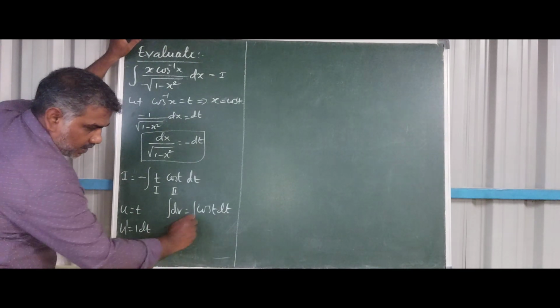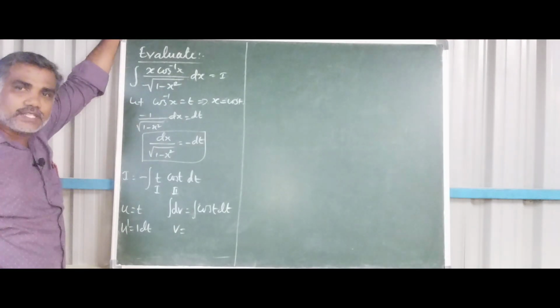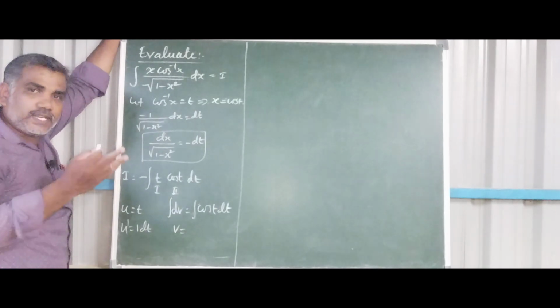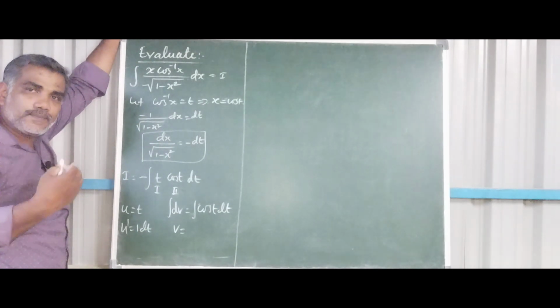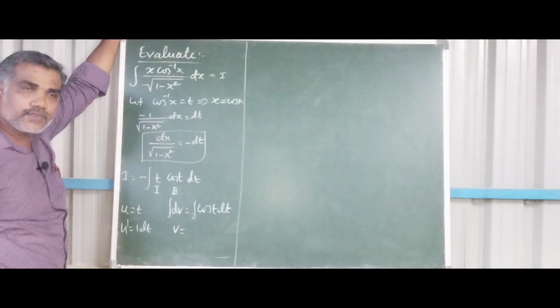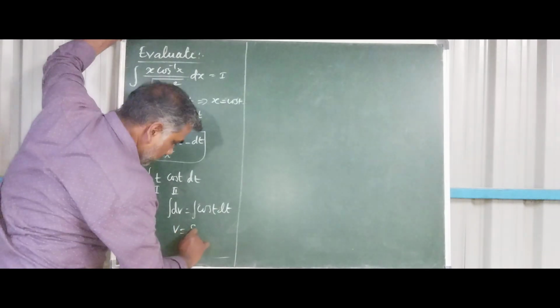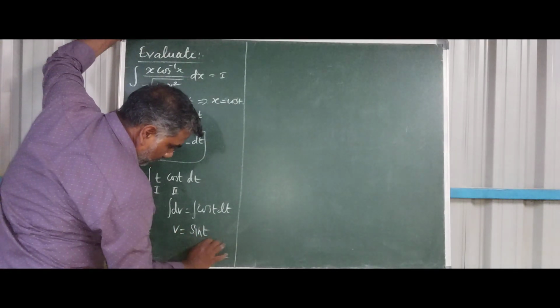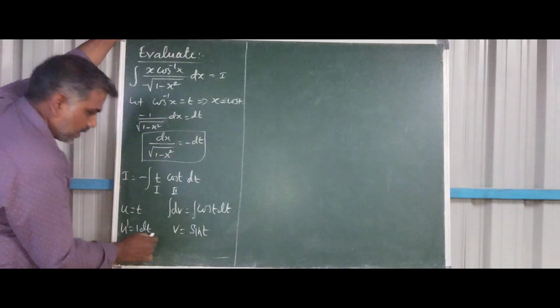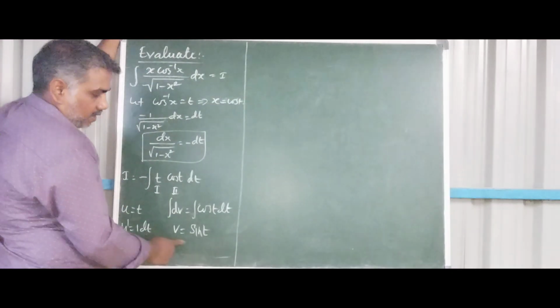Integration of dv is v. Integration of cos t is sin t. So u is equal to t, u dash equals dt and v is equal to sin t.